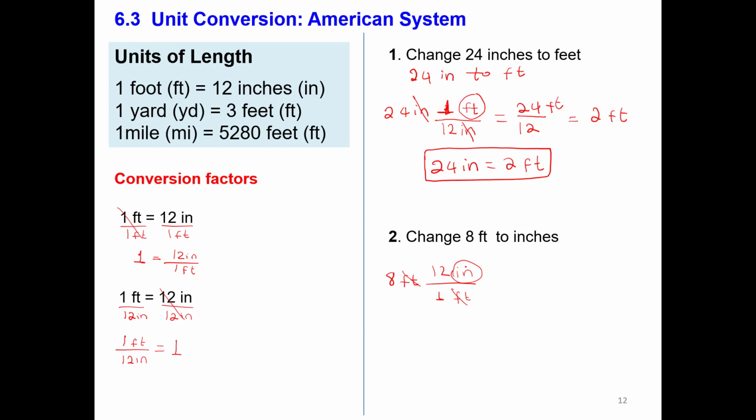Now we multiply 8 times 12. We don't need to divide by 1 because we get the same number. 8 times 12 is 96 inches. So 8 feet equals 96 inches. This is the answer.